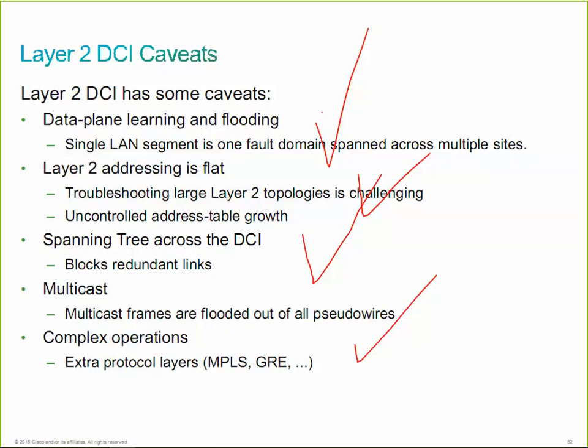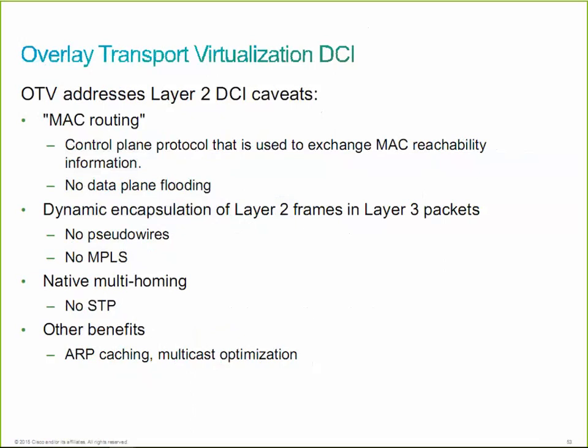All right. That doesn't mean that with all these caveats or concerns there's not a place for it, right? There's definitely a place for it, but I just wanted to point out some of those potential issues that you might see. All right, we talked about AToM, any transport over MPLS, and GRE.